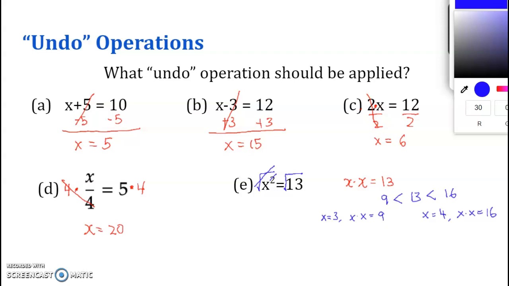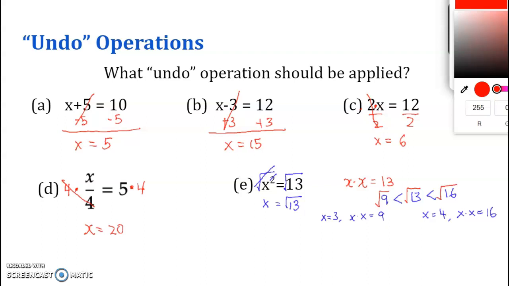When you see square and square rooting together, they undo each other, and on the left hand side you're just left with x. On the right hand side you have the square root of 13. To figure out what the square root of 13 is, I know that it is going to be bigger than the square root of 9 but smaller than the square root of 16.